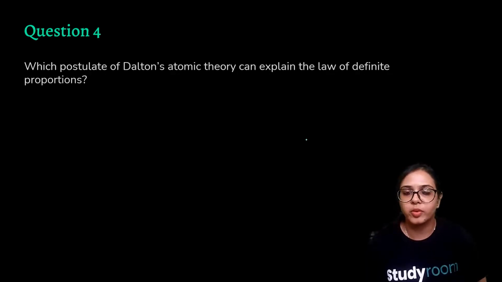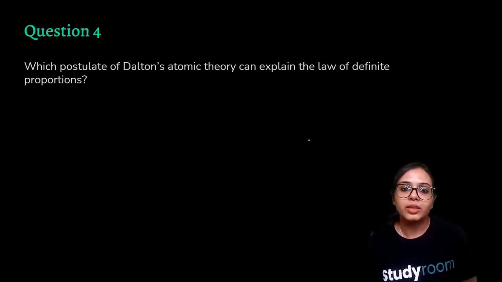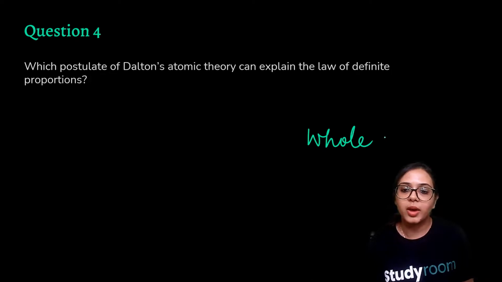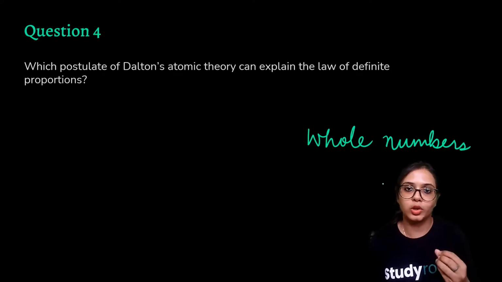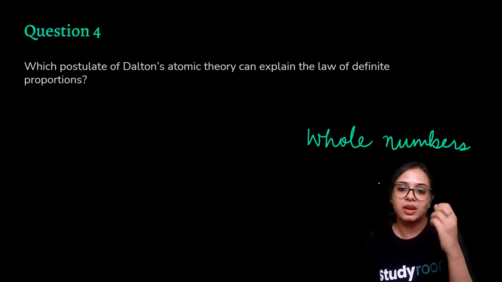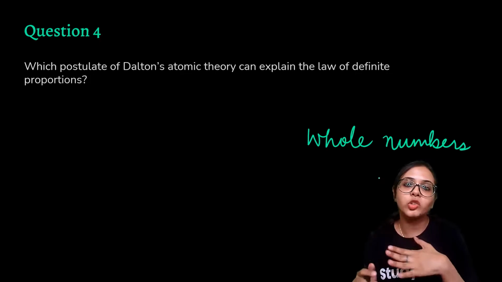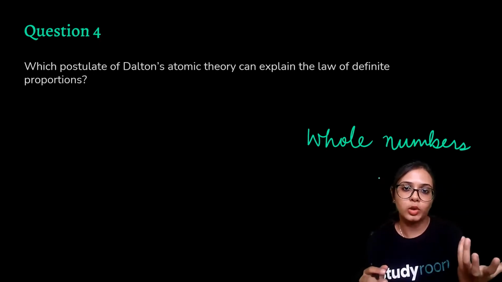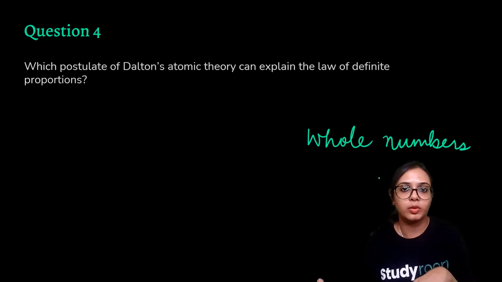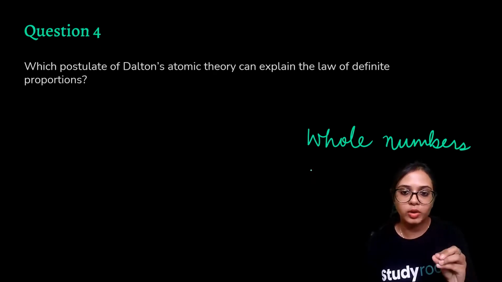We just saw the law of definite proportions, right? We know that atoms combine in the ratio of whole numbers to give us molecules. So Dalton postulated that the ratio of whole numbers is the proportion in which atoms combine with each other, and these are always represented by whole numbers.